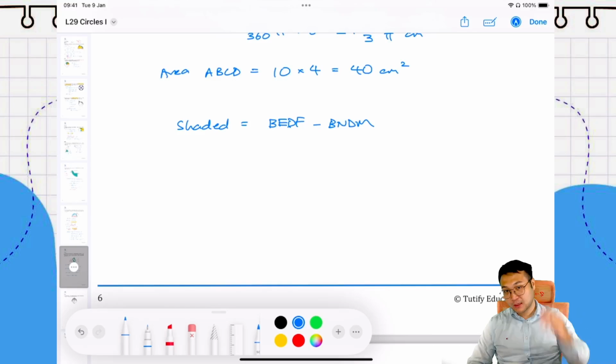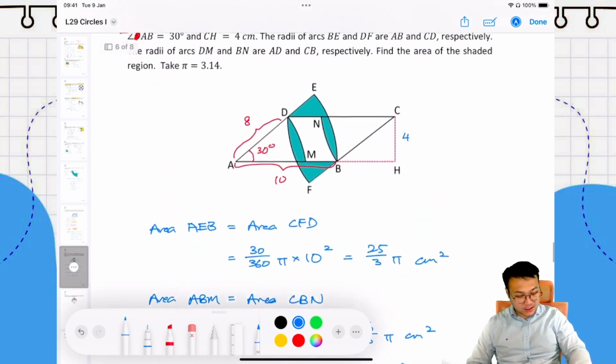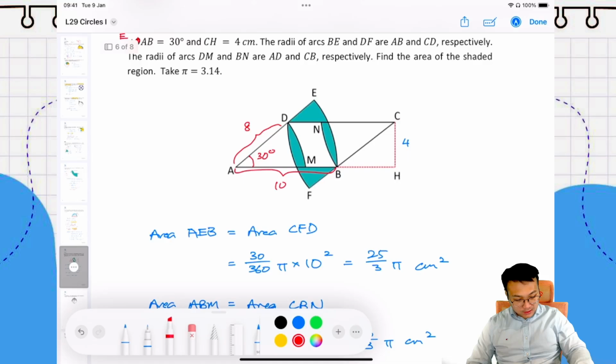There we go. How do you find BEDF? Look at BEDF. It's a big, weird shape. And how would you find the area of the big weird shape?